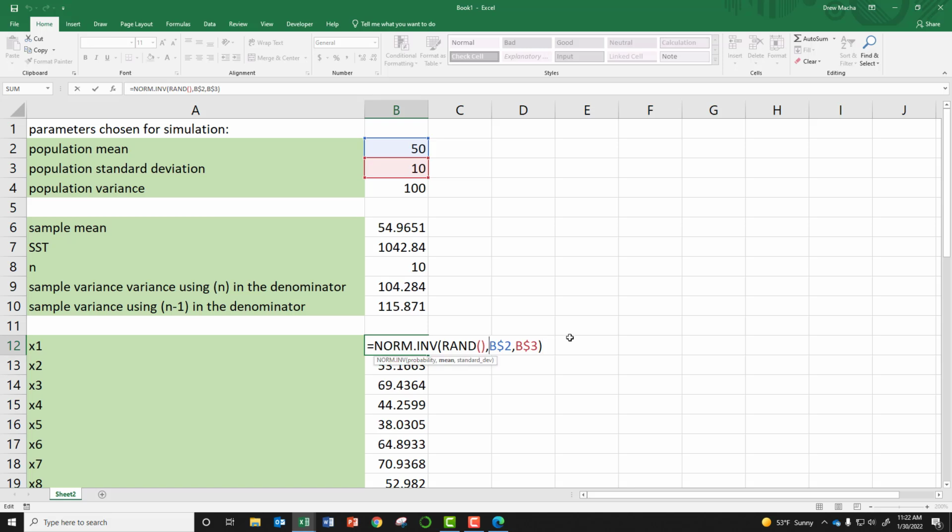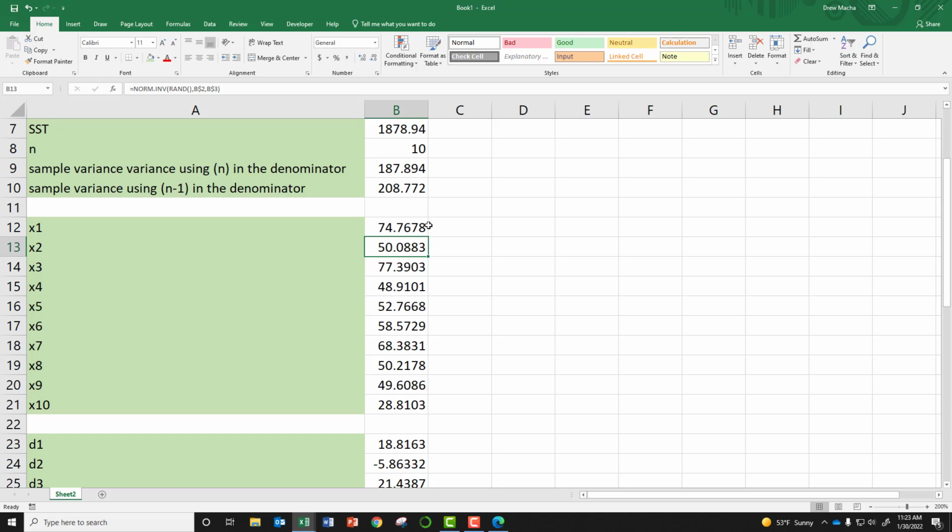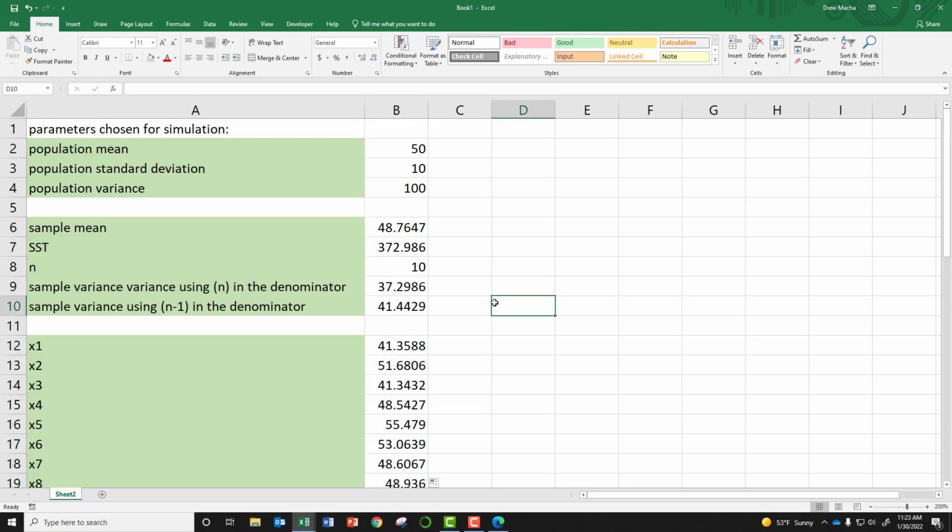So to lock the B column in place, I'll also use $ signs. And I'm just going to press F9 over and over and over again. And I want to show you, just look at the sample variance using n-1, and look at the sample variance using n, and ask yourself which of these values is actually closer to the population variance.